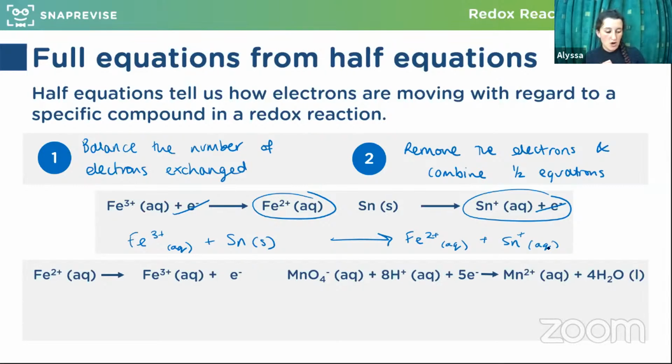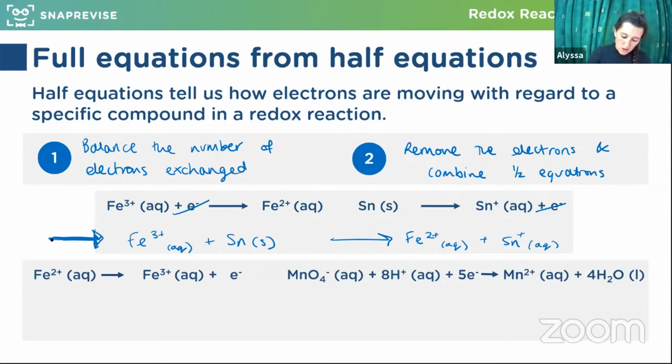If anybody's not happy with that, please let me know. What I've done is combine all of the reactants from both half equations, removed the electrons, and then combined all the products from both half equations and removed the electrons. And that then is my full equation: Fe3+ plus Sn makes Fe2+ plus Sn+.